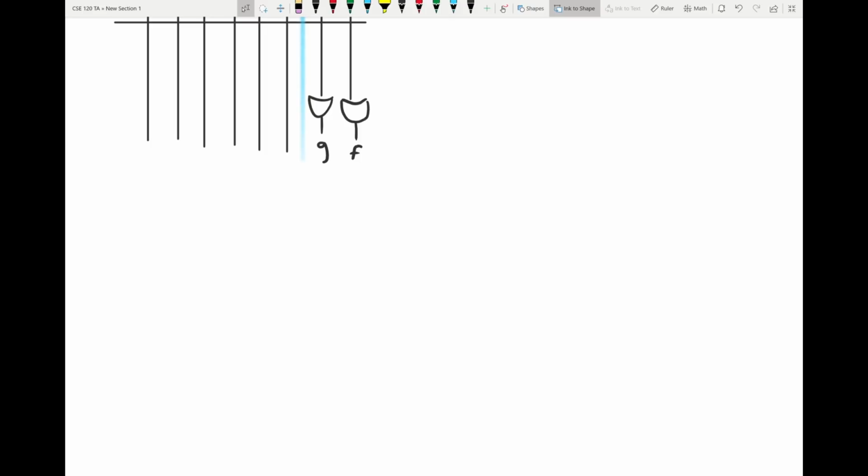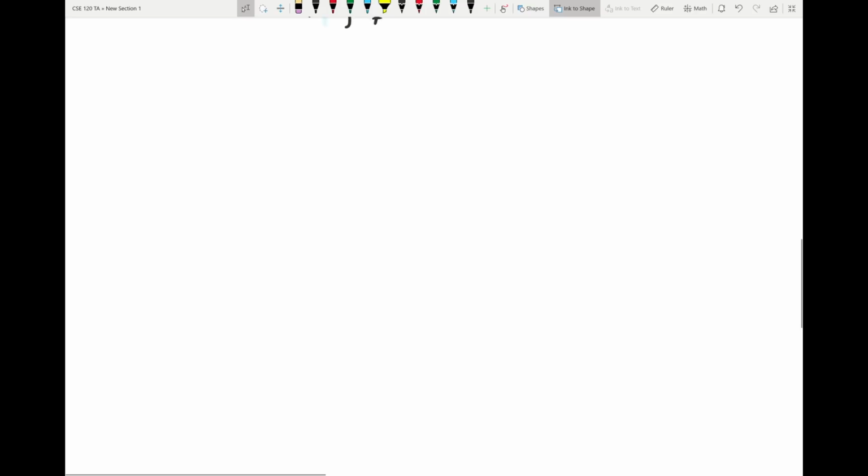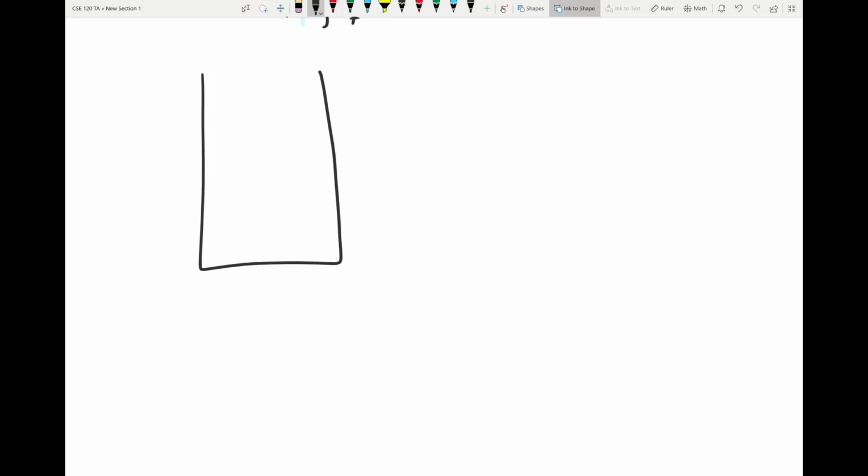And this is part F of the question, for those of you keeping score at home. So part F features an 8-to-1 multiplexer. And we get 8-to-1 because we have 8 lines here. 1, 2, 3, 4, 5, 6, 7, 8.